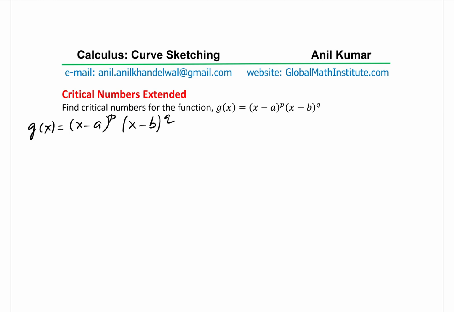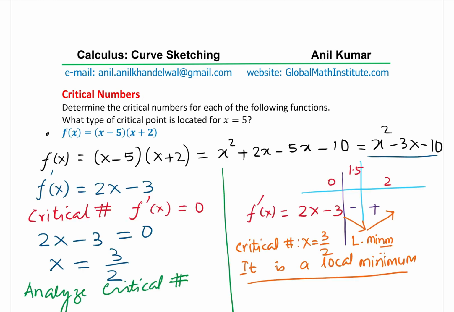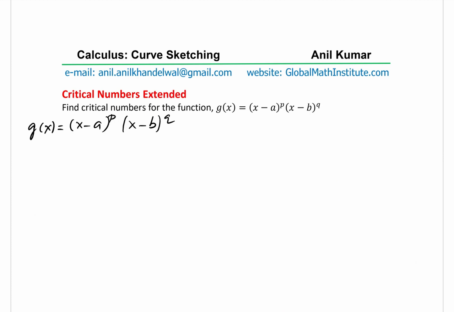Last time when we were working with a quadratic function, we expanded, right? So I hope you remember we expanded. Now when we have a function which is like this, it is not easy to expand. It is better to use product rule and find the derivative. Correct?